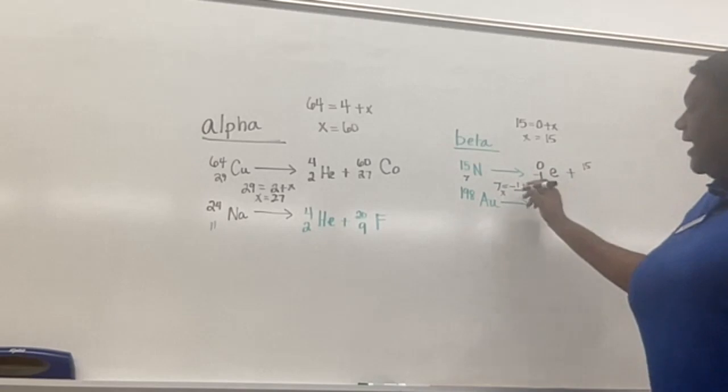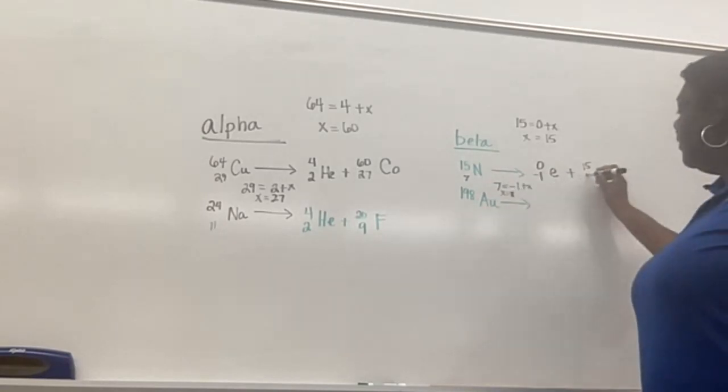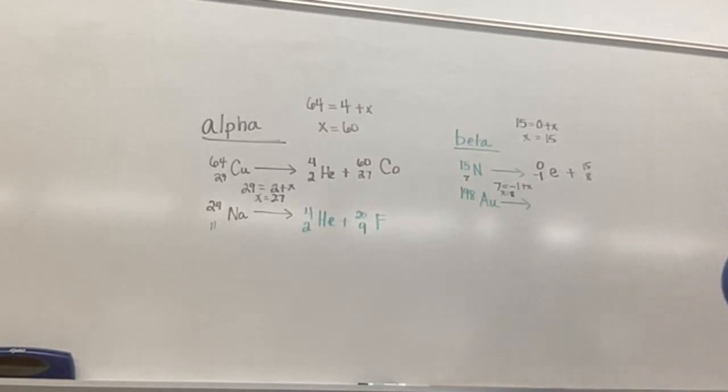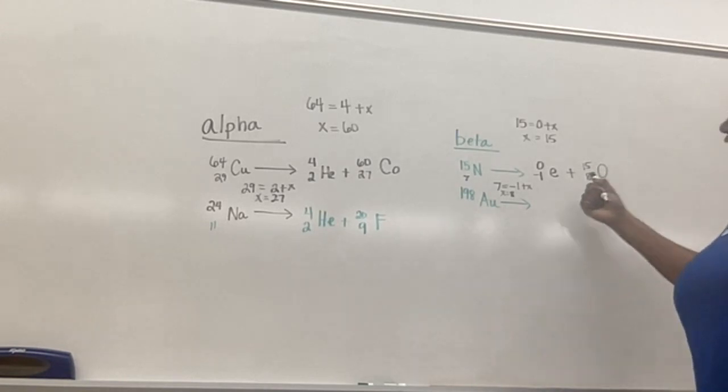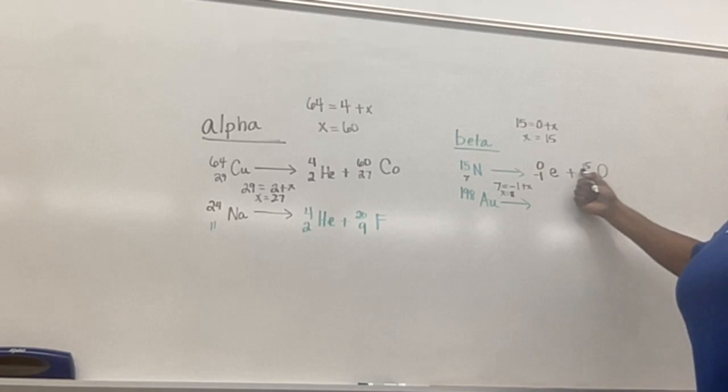And so when we solve for x, we know we've got to add 1 to both sides, which means x equals 8. All right. And so atomic number 8 is representative of the element oxygen. All right. So when you look at your beta reaction, notice your mass number does not change, but your atomic number goes up by 1.